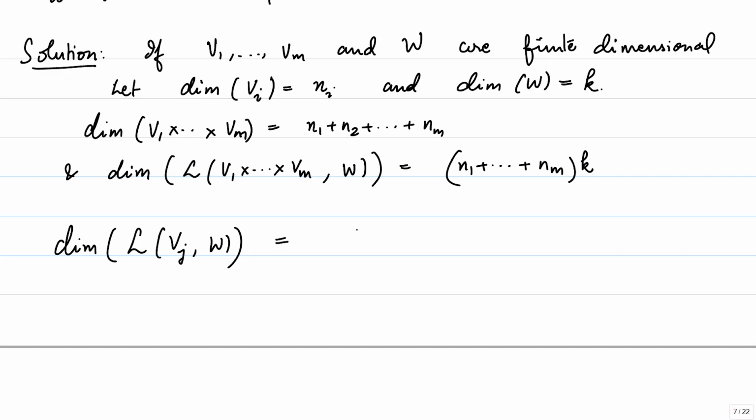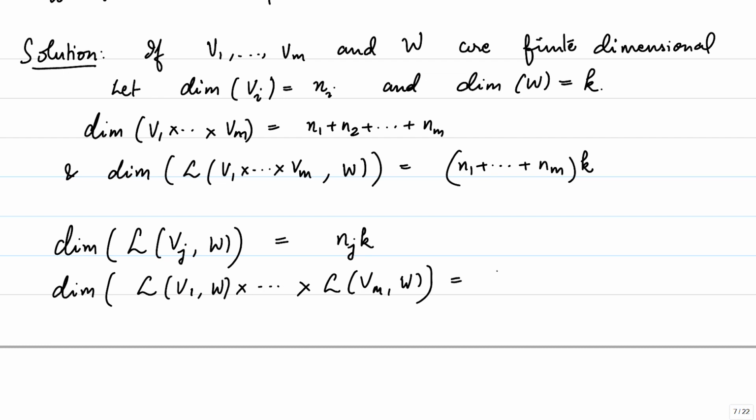That, by one of the theorems we proved earlier, is going to be Nj times K. And the dimension of L of V1 W cross up to L of Vm W will be the sum of all these dimensions, which is N1 times K plus N2 times K plus up to Nm times K, which is equal to the dimension of L of V1 cross up to Vm comma W.